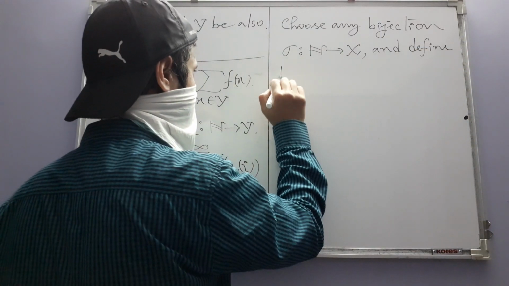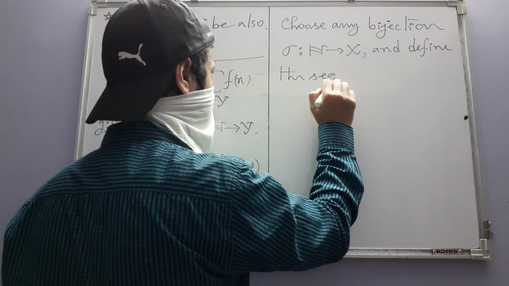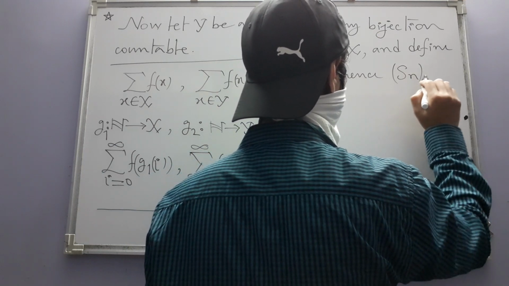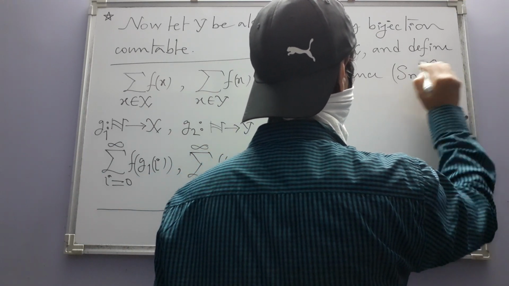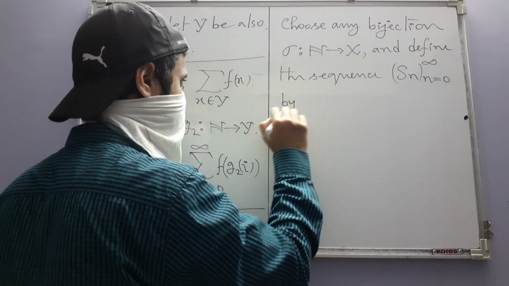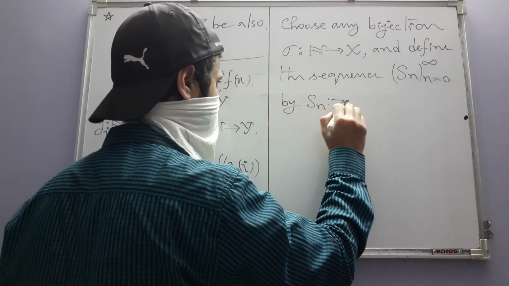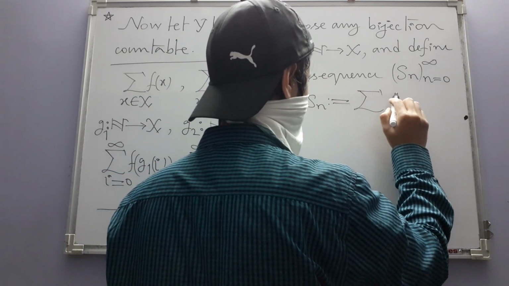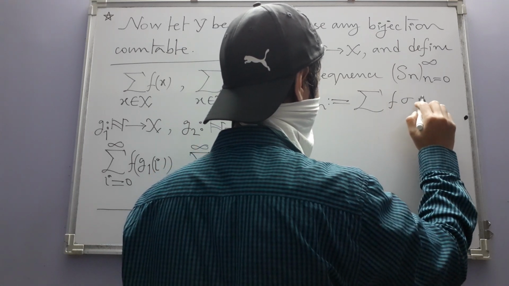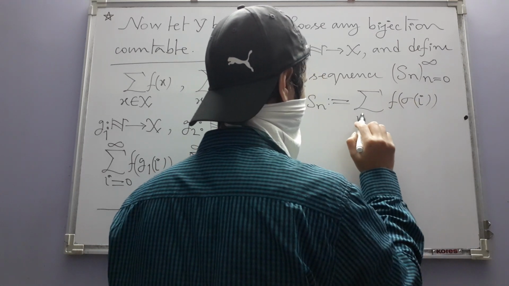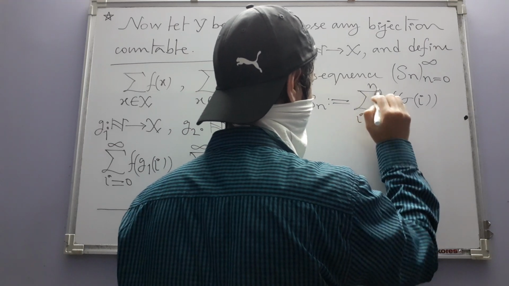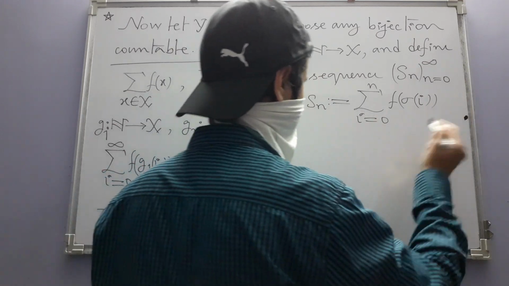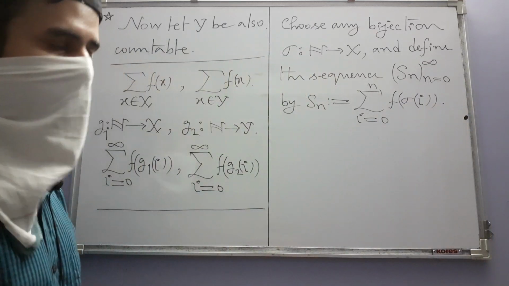define the sequence S_n = sum of f of sigma of i, where i varies from 0 to n, for n belonging to N, but we need not even write that because it is understood.